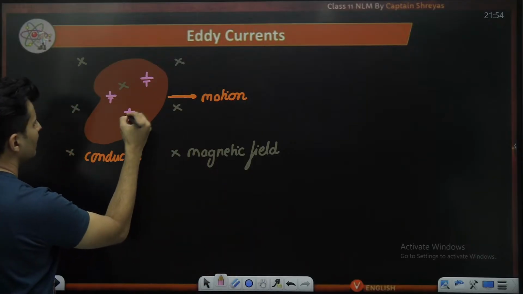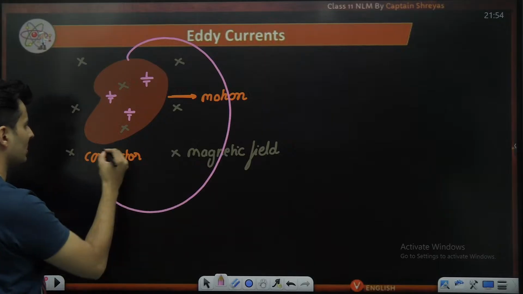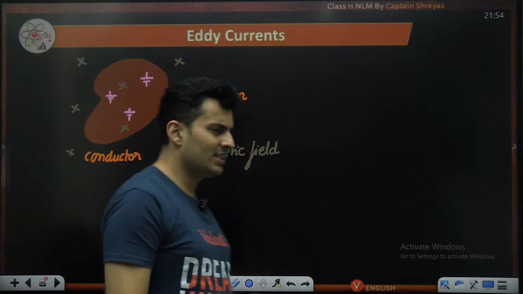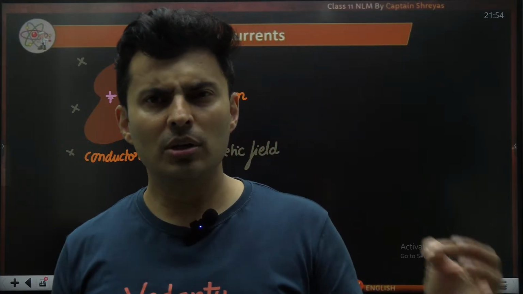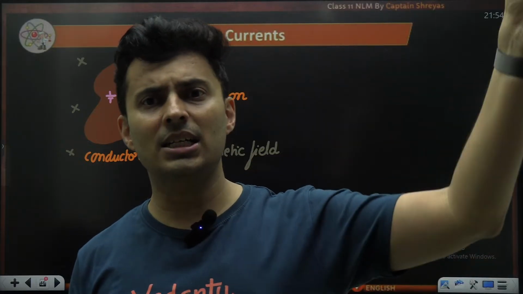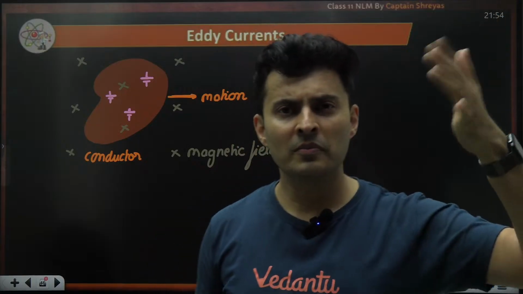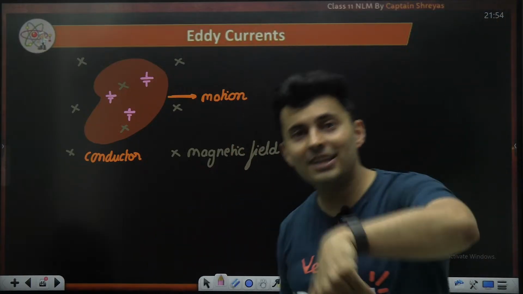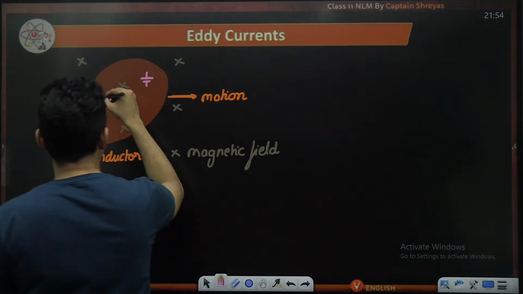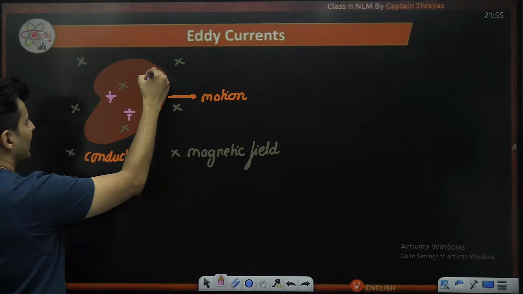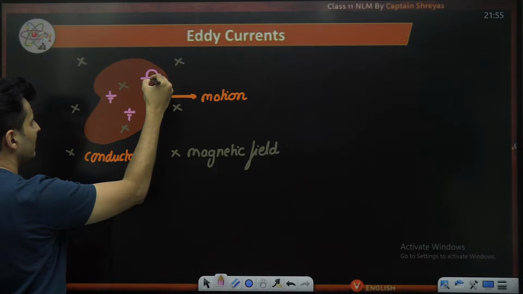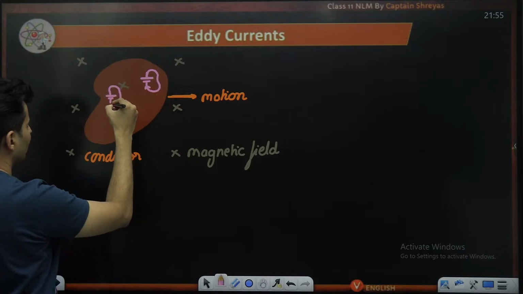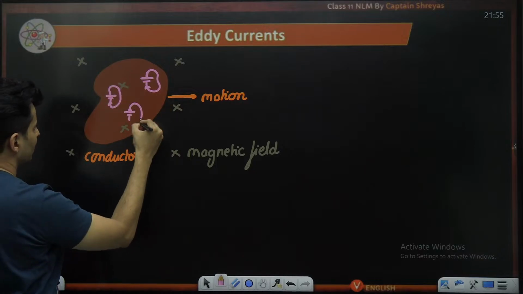What will these batteries be connected to? Will they all be connected to something from outside? No, it's just a lump of mass which is moving inside a magnetic field. So it has no place to send that current. So what will it do? It will send the current within itself. So when it sends the current, it will choose the path of least resistance and it will complete its circuit like this. Maybe it will complete its circuit like this.